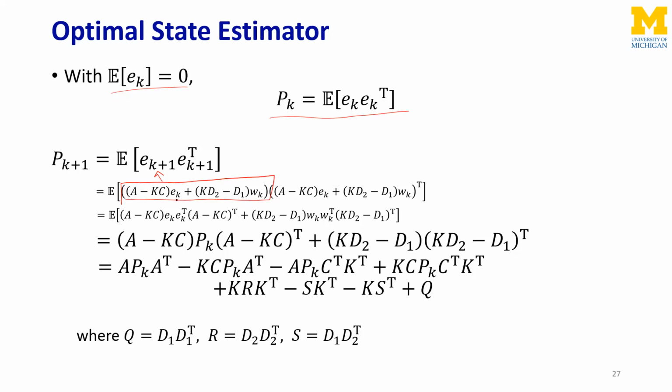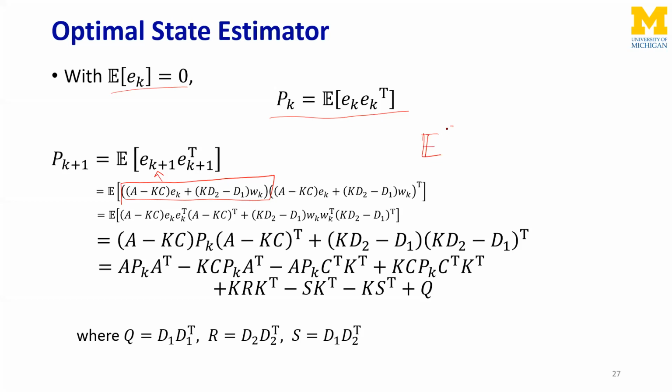Now, the error and the noise are not correlated. They are independent because the noise is actually affecting E_{k+1}, not E_k. So the noise and the error are uncorrelated, which I didn't write, but I should have.